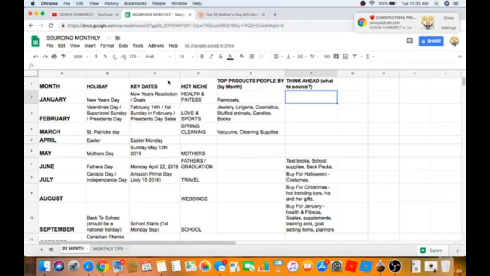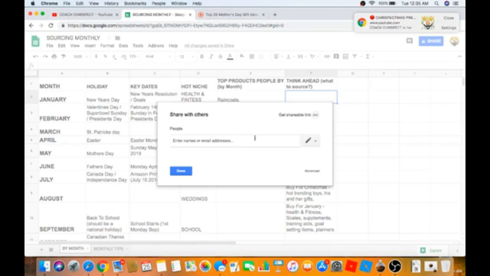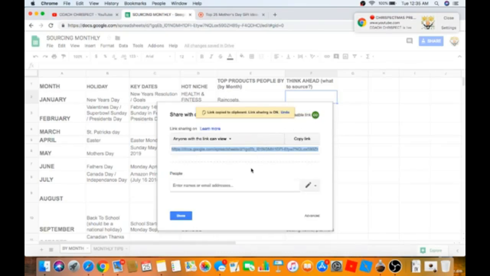Sourcing monthly. So I said this to you guys earlier, this was going to be my present to you. I'm going to share this bad boy. I am going to create a shareable link, Control C, Command C. Is that what I do?